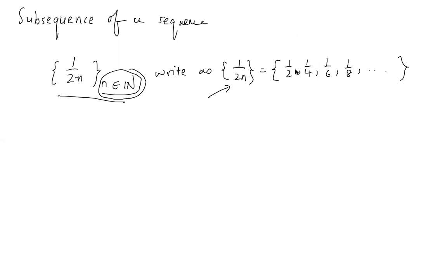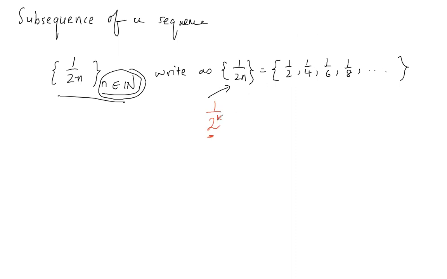So if you delete those that cannot be expressed in this form, I think it has to be 1/2^k. In the notes, I forgot the 1/, so just take note of that.